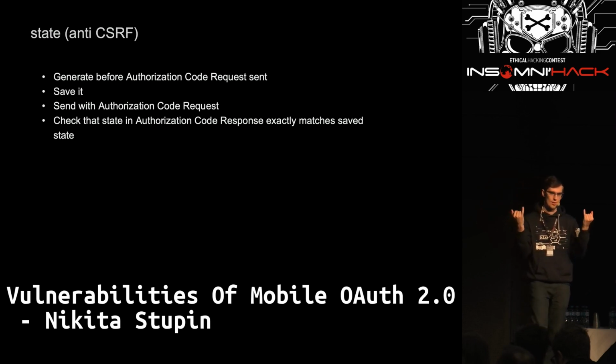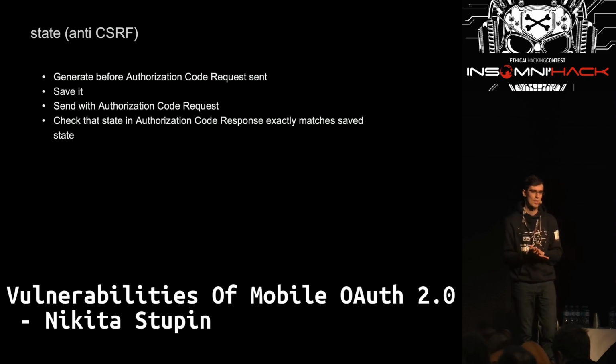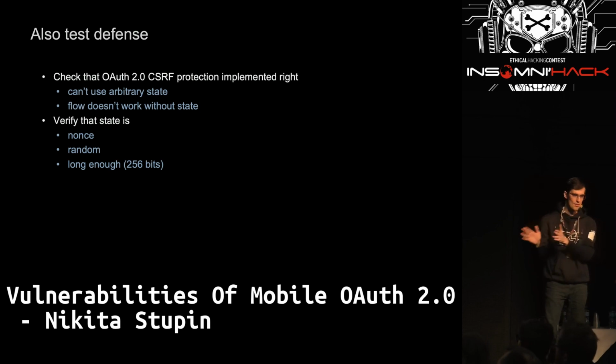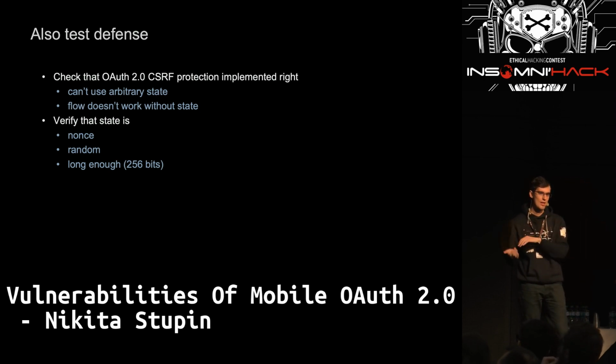The client gets the state that it generated and saved, and the state from the response, and compares them. If they match, it safely continues the flow. If they do not match, it interrupts the flow, and we're safe from OAuth CSRF. And again, test the defense, play with state, and check that it's long enough, random, and used only once.